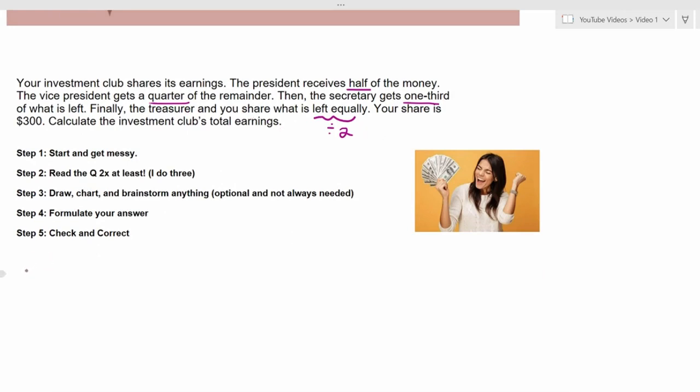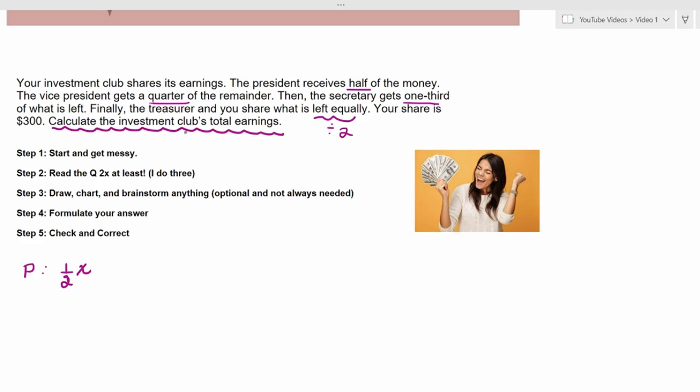So, for example, and I can erase this after, the president was going to get one half of whatever the money was. And I don't know what that money is. So I just called it X, which actually became useful because the last sentence or question is usually indicating what you're solving for.